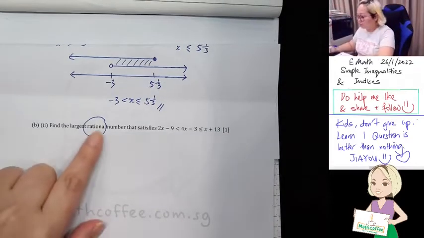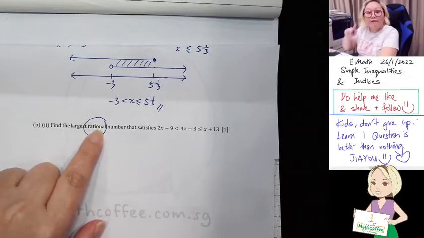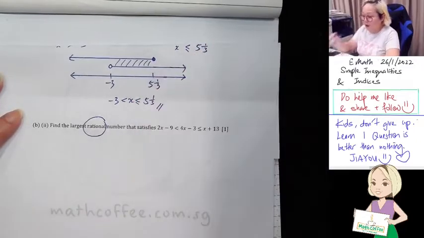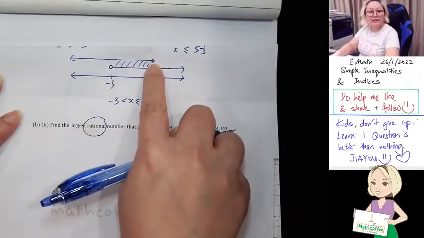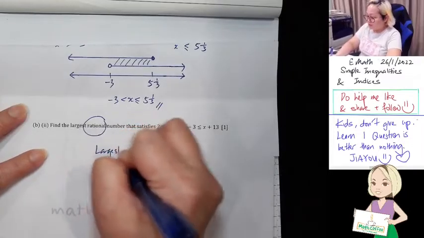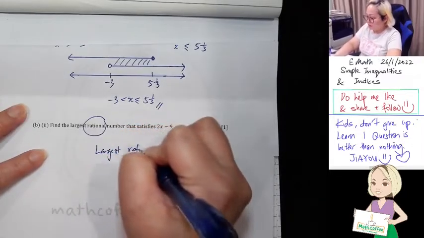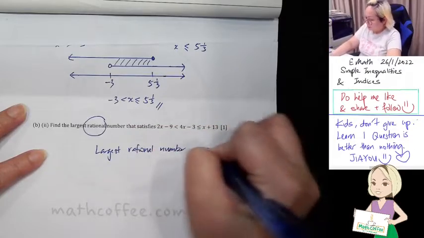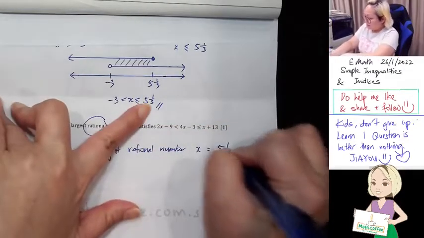So, rational numbers, take note, fractions are rational. So in this case, actually the answer is 5 1/3 because 5 1/3 is included. So this one you will say largest rational number, x equals 5 1/3.